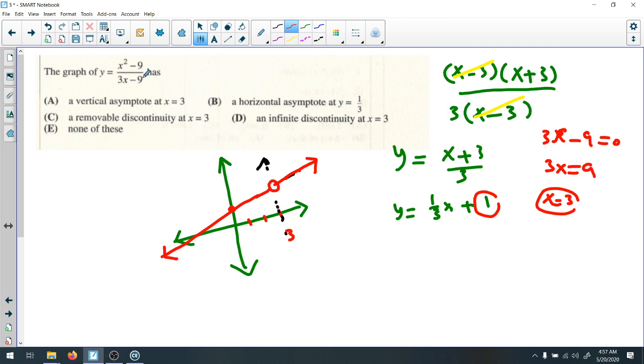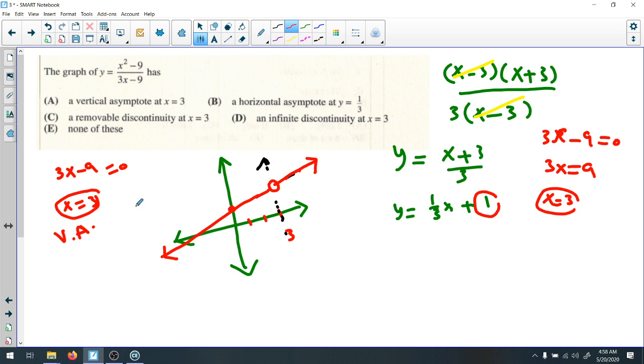When you have a rational function, take the denominator 3x minus 9, set it equal to 0, then solve for x. Finally, x will be 3. This is the vertical asymptote, x equals 3, and the function doesn't exist when x equals 3.